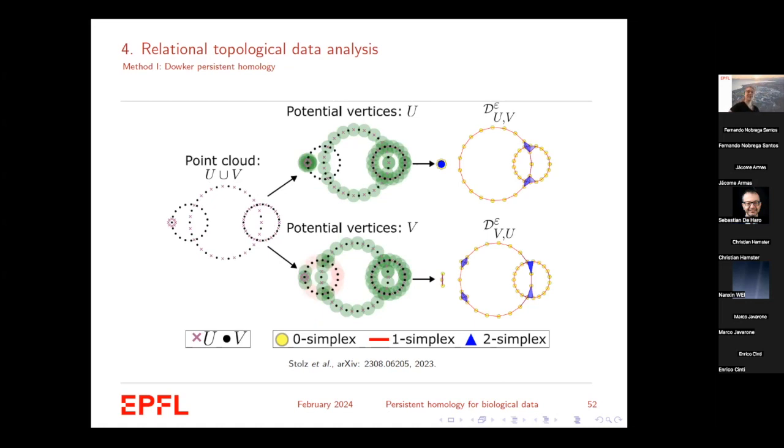Then, as before, you start blowing up epsilon balls around each data point, but now you only connect the data points from intersecting epsilon balls if in the intersection you have a point of the other type as well. It turns out it doesn't matter which points you choose as your vertices, because in the end, the persistence barcodes are going to be the same.